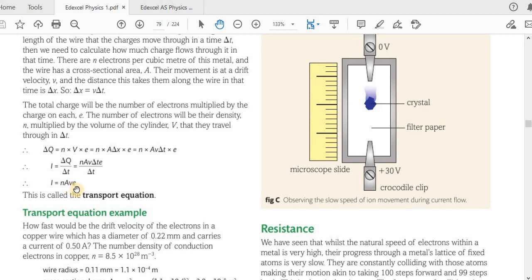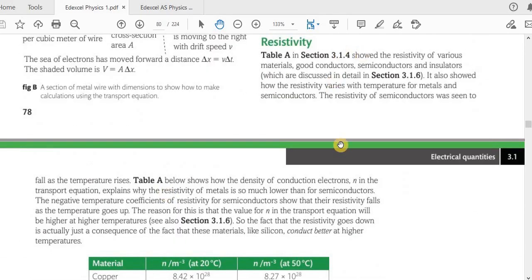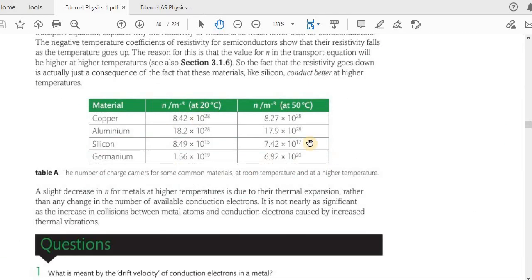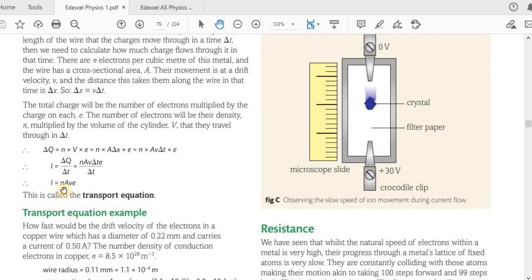In I equals nAvq, q is the charge on a charge carrier. And we saw resistivity previously. By the way, there is something more in this equation, that is n. n is called the number density, in other words the number of charge carriers per cubic meter. In a wire, the charge carriers are electrons, so that is the number of conduction electrons in a cubic meter.